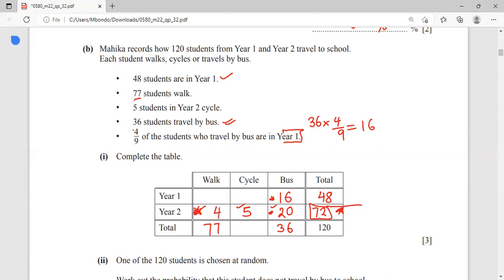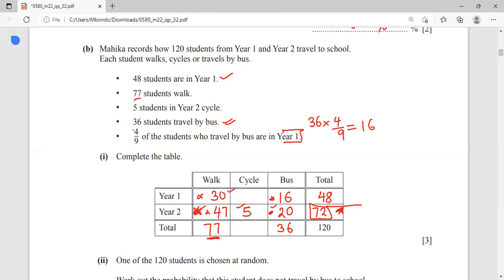This part is 47. Silka, I hope I'm not blocking the part where I'm writing. Now going down, this part here and this one should give us a total of 77. So this part here is 30. You get that? Is that clear?